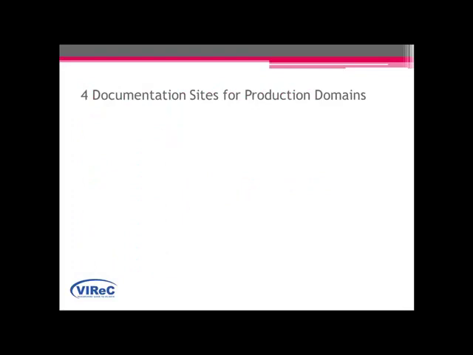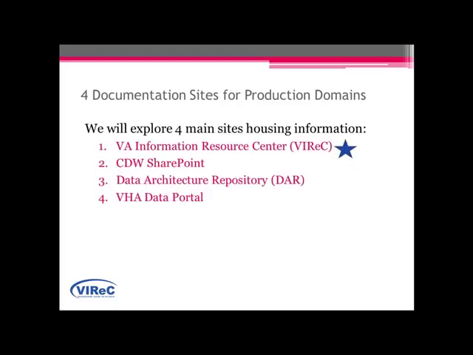But in general, for production domains, there are 4 main sites that may be useful to you when you're trying to find documentation. The first one that I'll cover is the work that we've done here at VIREX, and then I'll move into the CDW SharePoint site, the data architecture repository, and then the data portal.